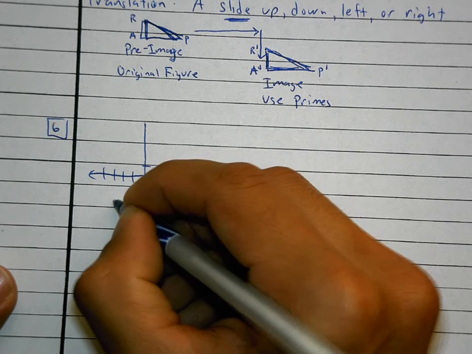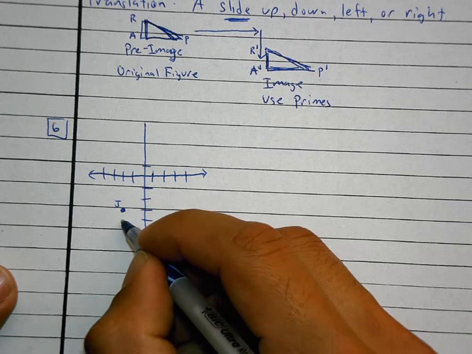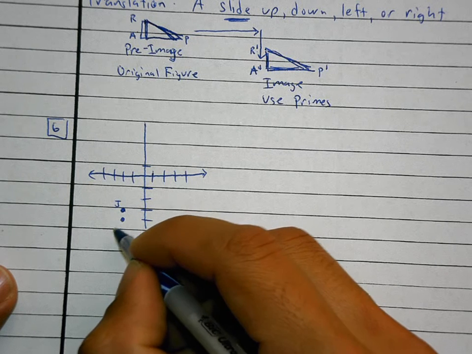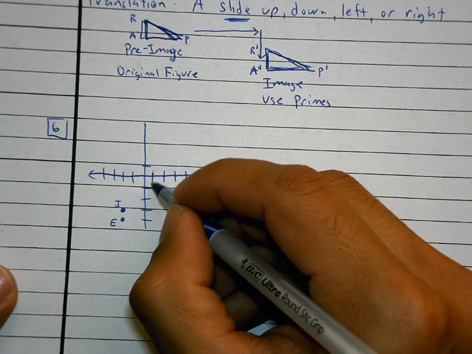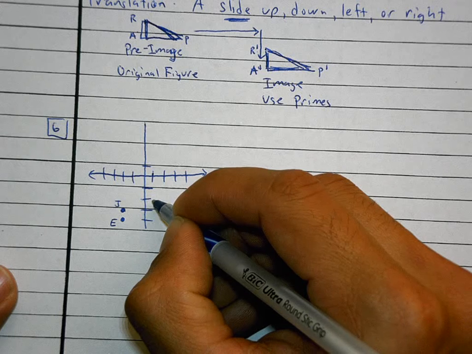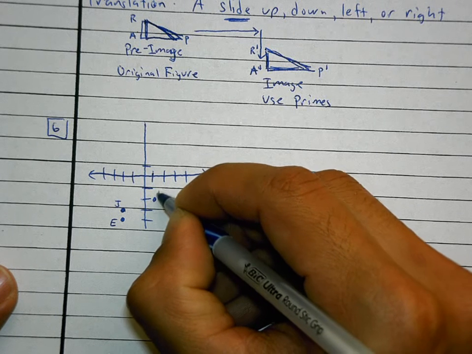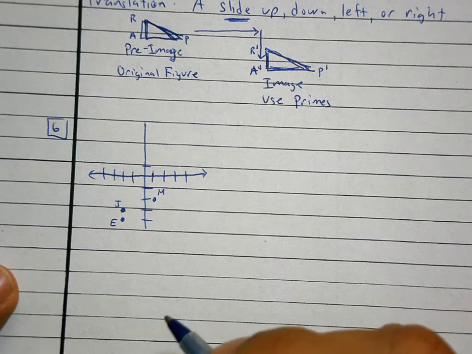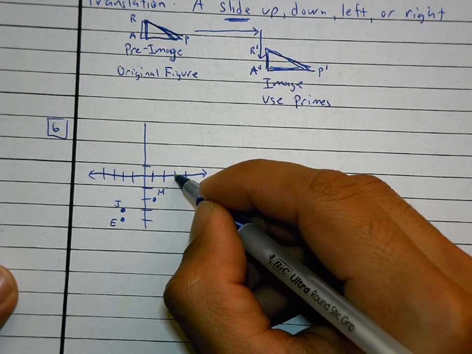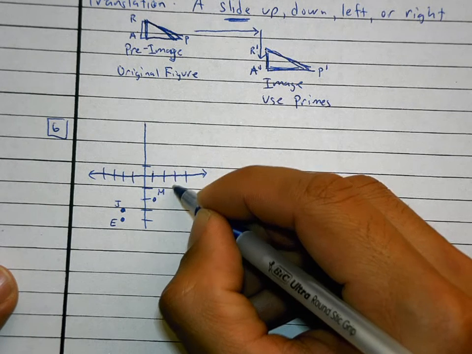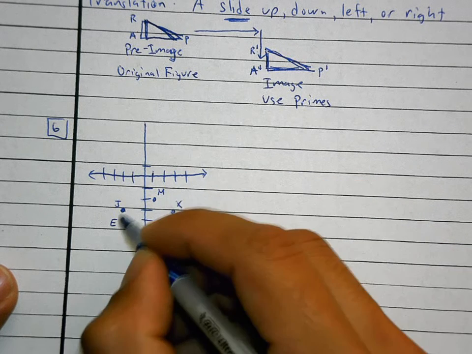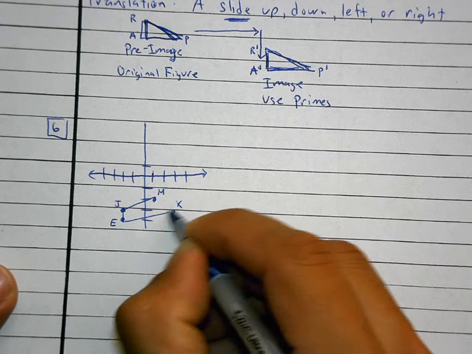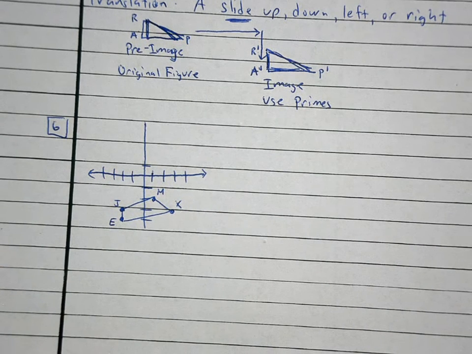There's J. There's E. M. X. There's my object right there, JEMX.